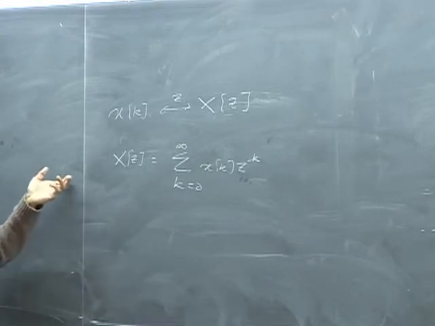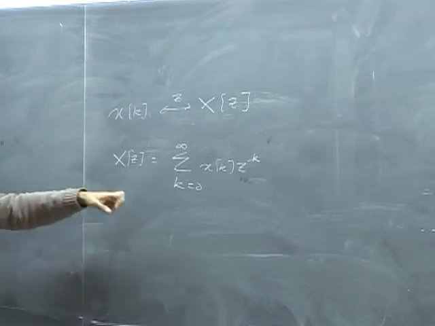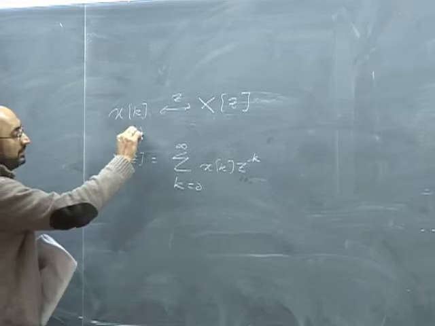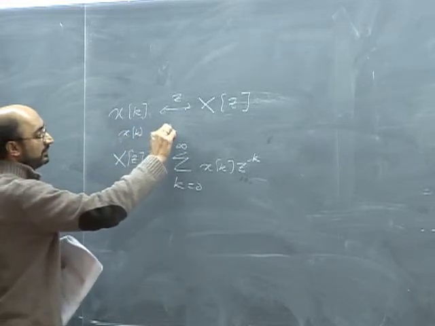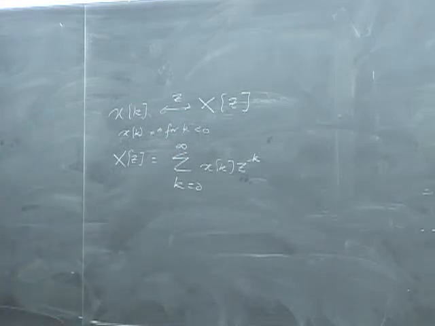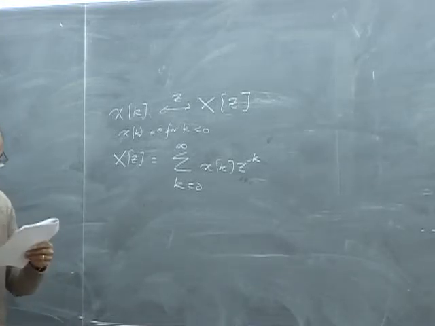We don't have continuous, we can't do dt. There isn't any dt. It's going to be a summation, and we're assuming that x_k equals 0 for k less than 0, except for the homework assignment where I was looking at time reversal, so we'll come to that probably in the next class.